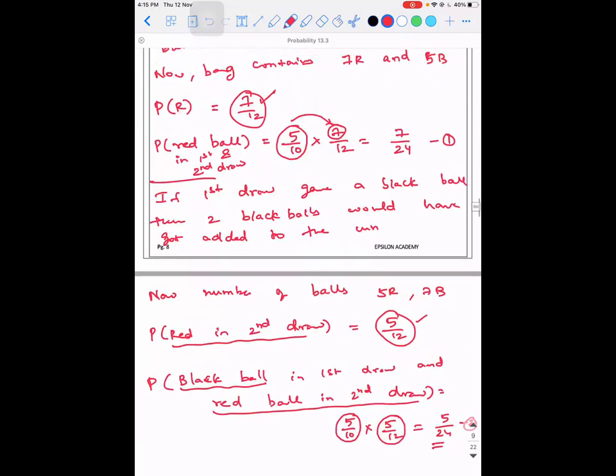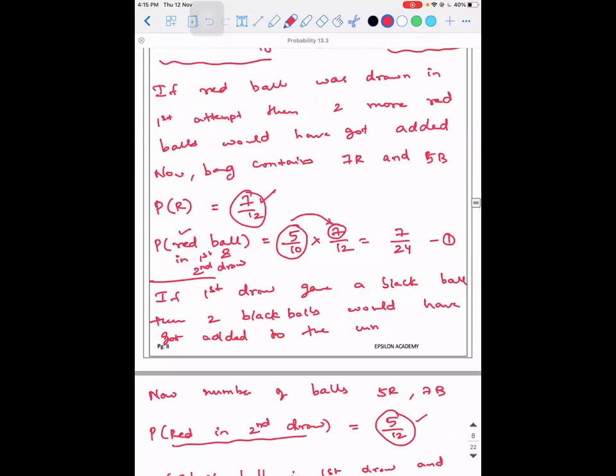Whereas in the previous process, you got a red ball in the first draw and a red ball in the second draw. So the probability of getting a red ball in the first draw was 5 by 10, and in the second draw was 7 by 12 because the numerator got affected. There it is 7 by 24.